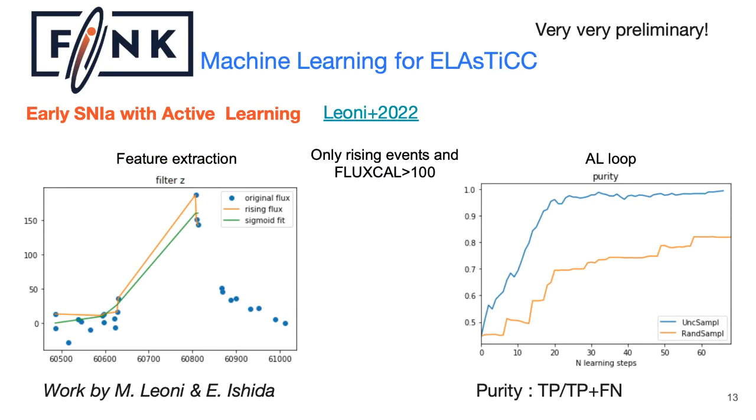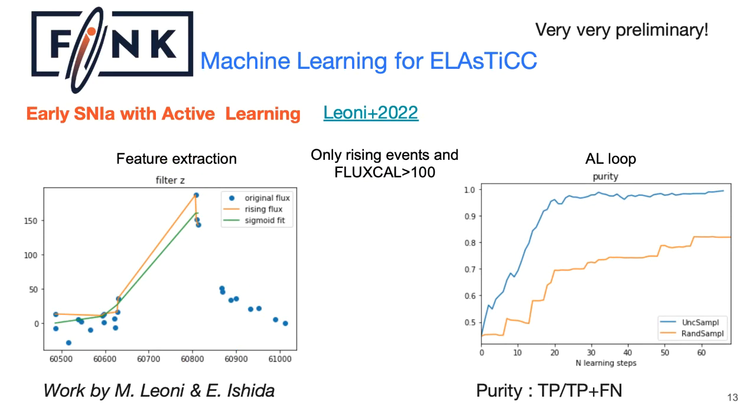One of the challenges we found when dealing with the training set is that some of the events were way too faint, and that was producing a problem with the sigmoid fit. So we had to raise the signal-to-noise bar a little bit. This is important to know: some algorithms are not suited for very, very faint things.